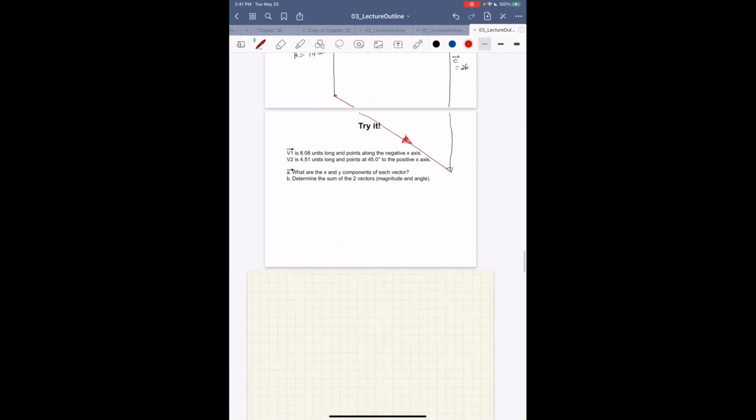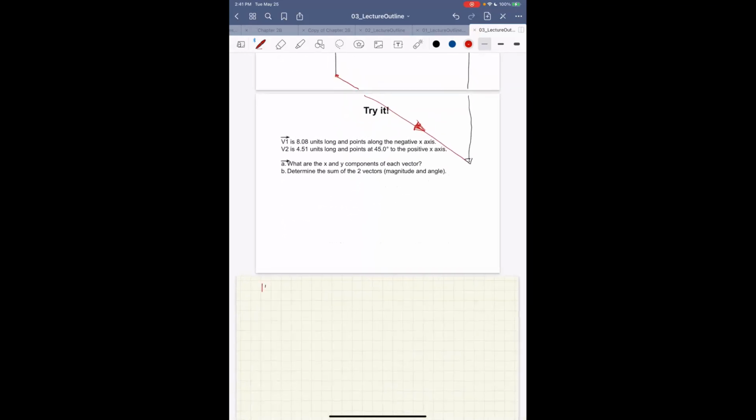Okay, the first one is 14 units along X. Just for the purpose of the demo, say this is my A, it is something like this. Oh, sorry, north. I said along X, it should be along Y.